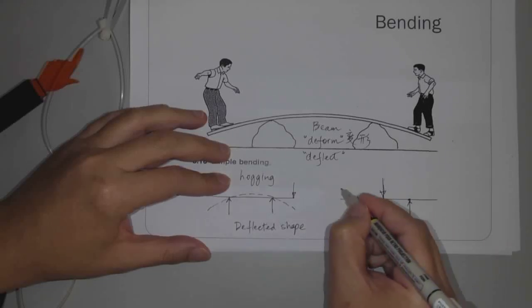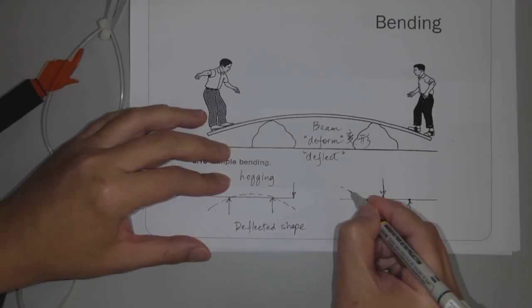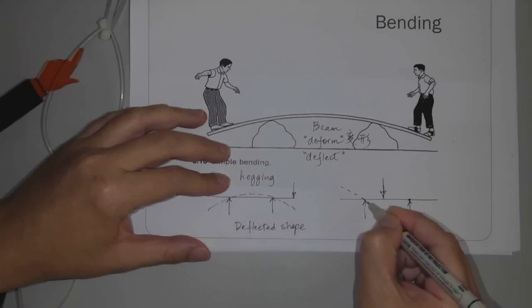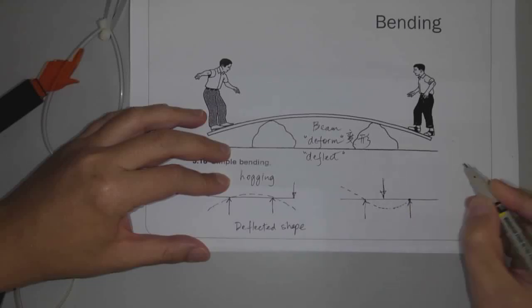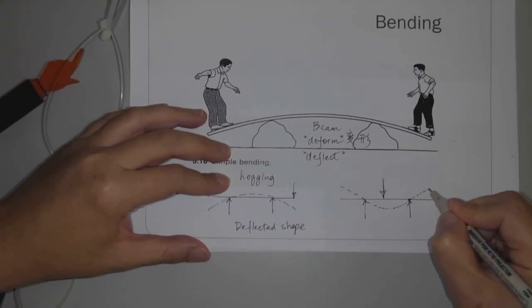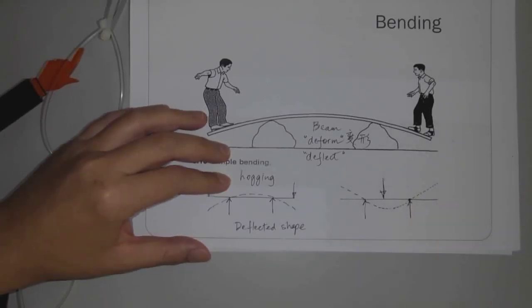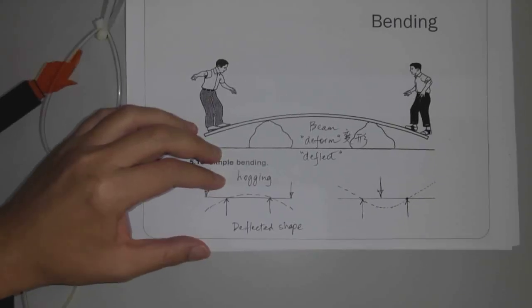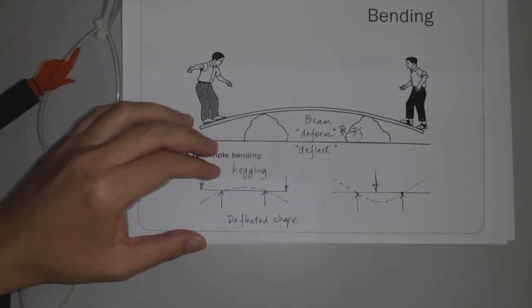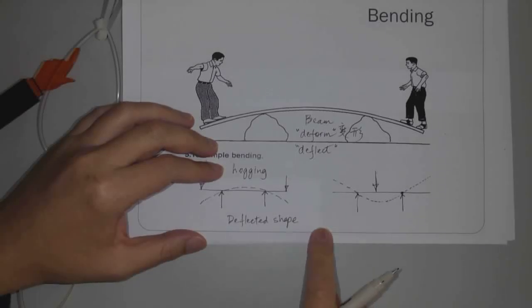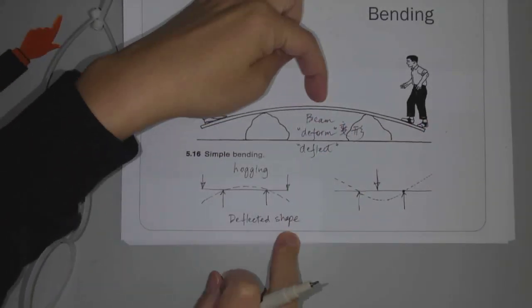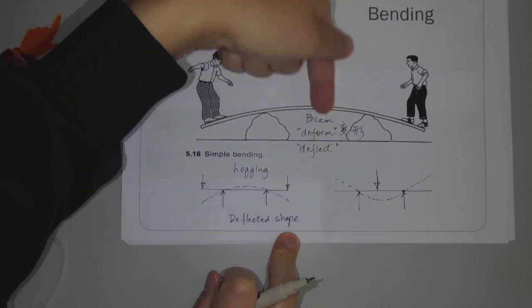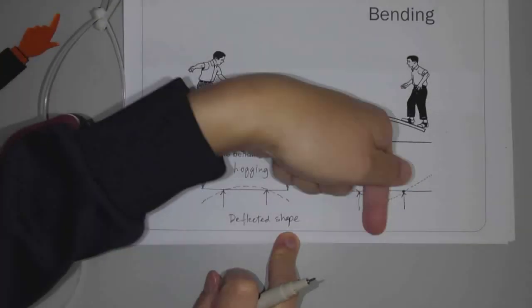So I would draw something like that. Right? So that's also the deflected shape. When these 2 kids move to the center, it goes down.